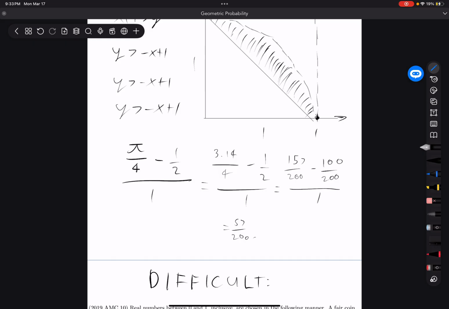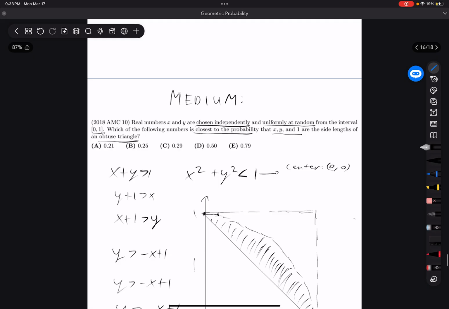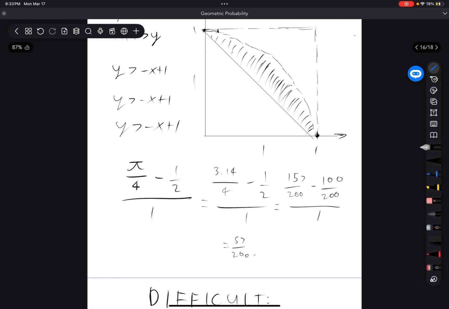Now, since we're looking for decimal form, we can make 57 over 200 into something over 100. 200 times 1/2 is 100, so you'd have to multiply the numerator by 1/2. 57 times 1/2 is 57 over 2, which is 28.5.